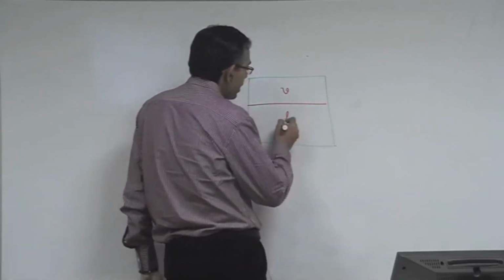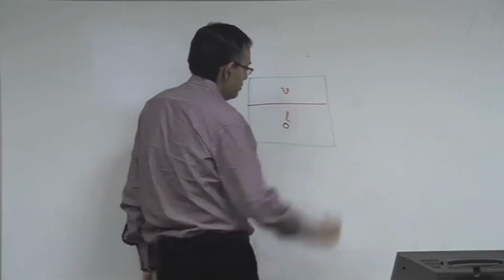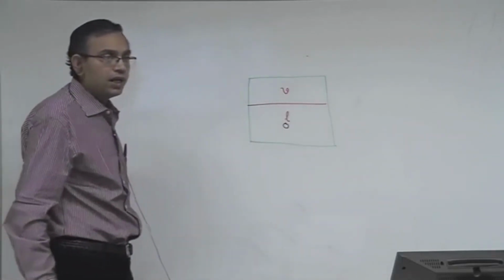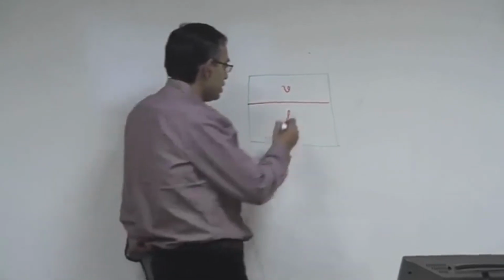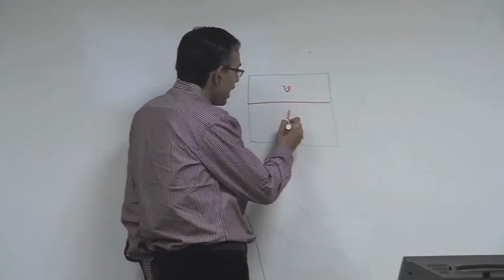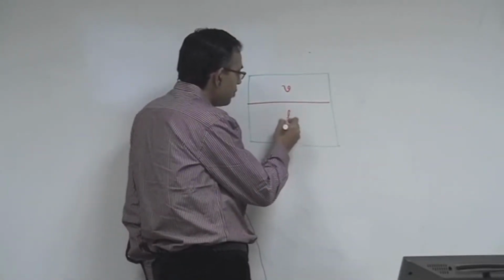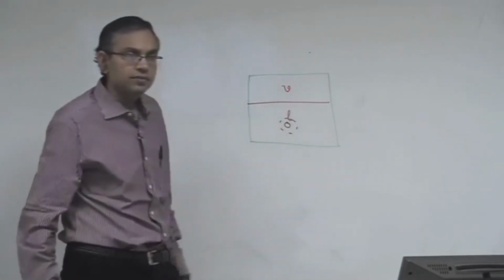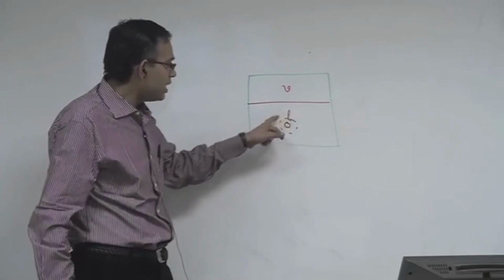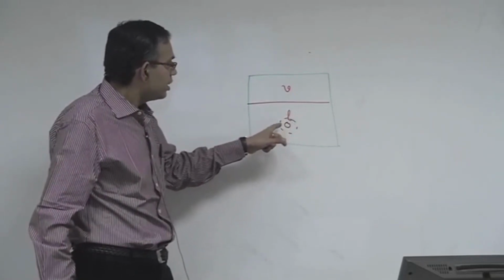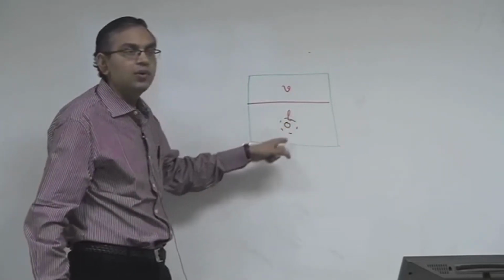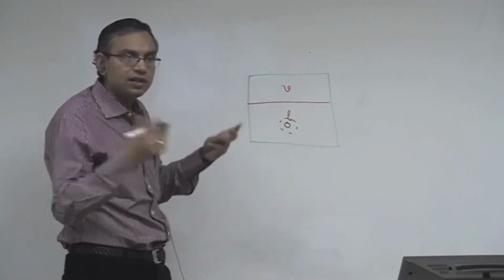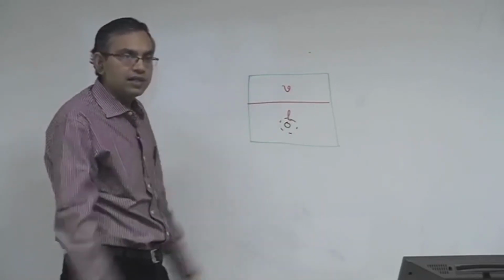Let us consider some liquid molecule here. This molecule is acted upon by forces equally from all possible sides, because all sides are surrounded equivalently by other liquid molecules. So, there is equal attraction from all the sides.